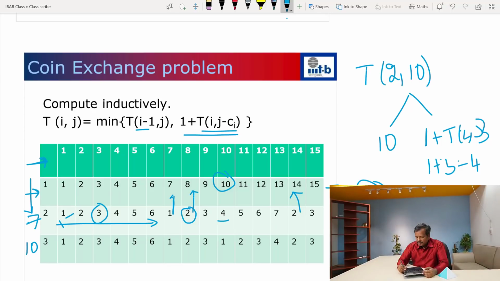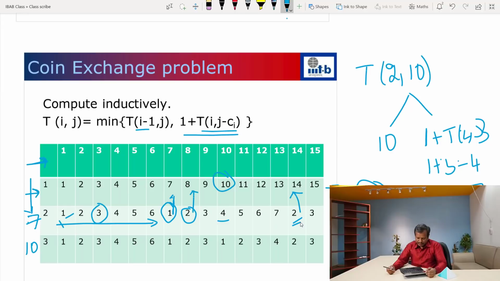I can use the first two coins and I have to pay for 7, so the equation is t of 2 comma 7. T of 2 comma 7 has a value of 1, right. So if I pick the second coin, the equation gives 1 plus 1, which is 2. Using 2 coins, I can pay for 14. So our algorithm will pick the minimum of these two options, minimum of 14 and 2. So this answer is 2.